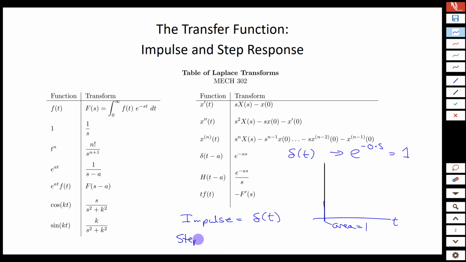The step is what we call here the Heaviside function. It's called h of t. The step function is 0, 0, 0, 0, and then it jumps up to a value of 1 and goes on forever after that. So that's against time, that's our h of t. This is like flipping a switch.